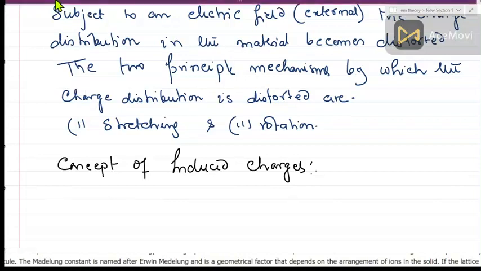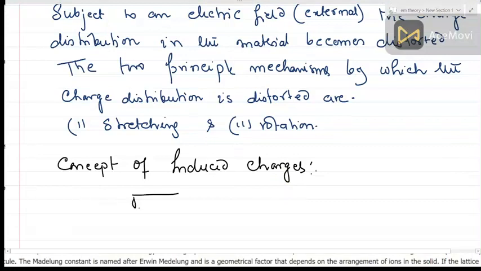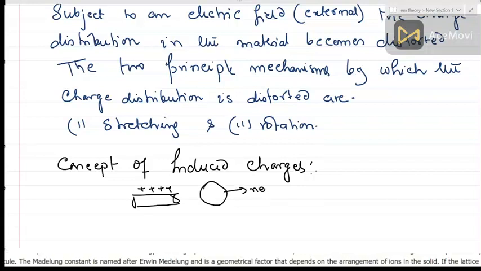We study these things at school level. Suppose you bring a glass rod which is positively charged in front of some object which is initially neutral.